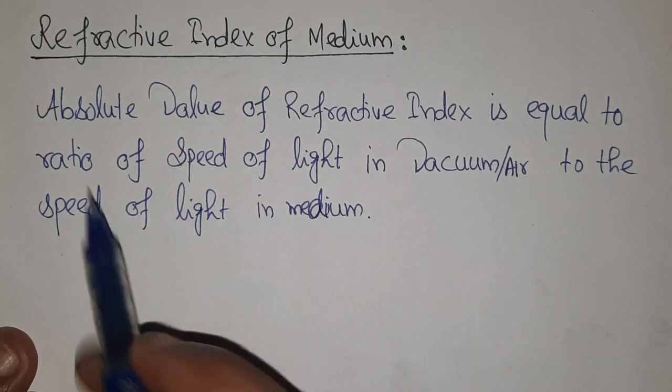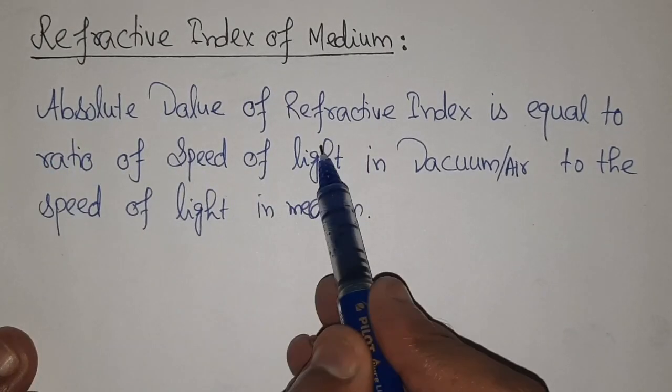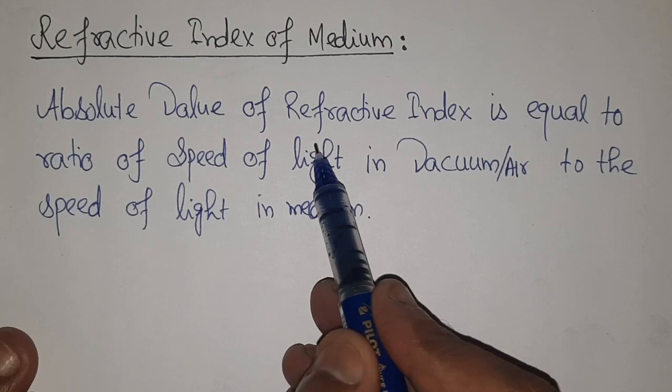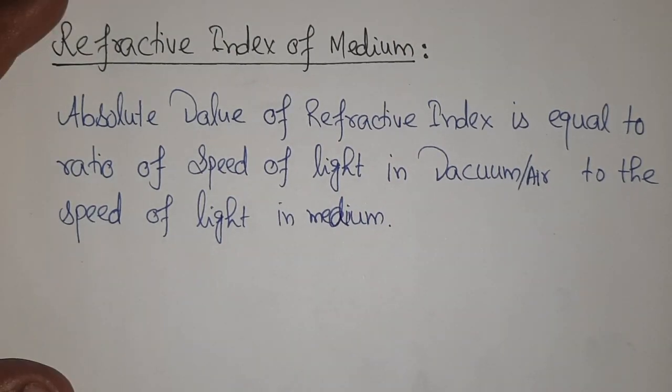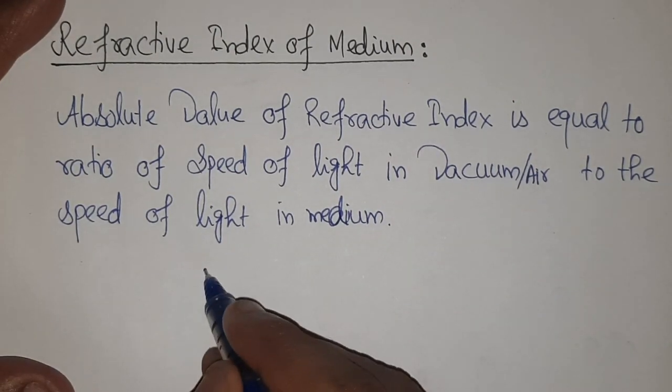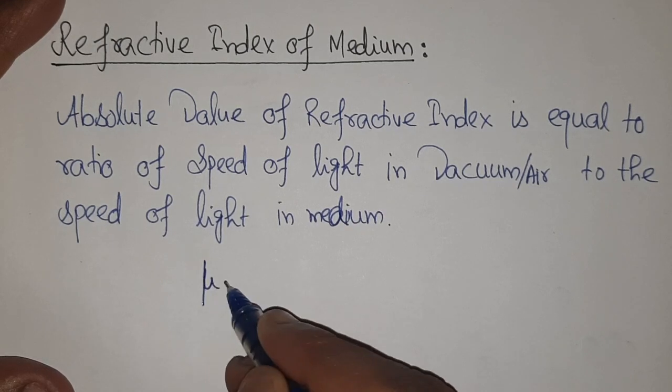Like this we define the absolute value of refractive index. It is written by the Greek letter mu.